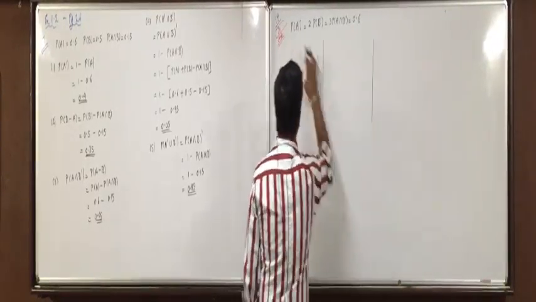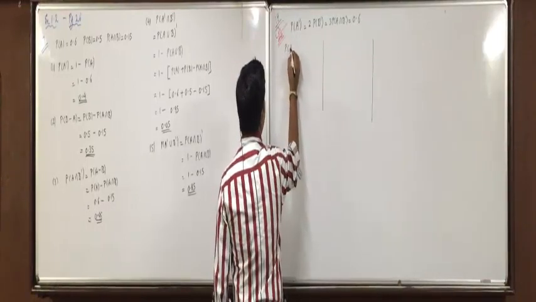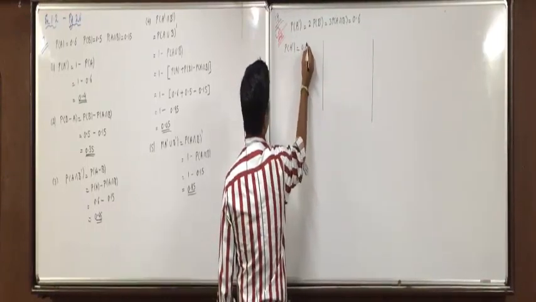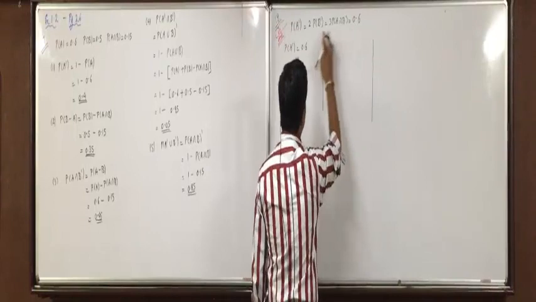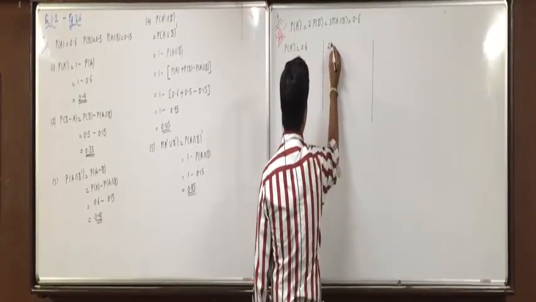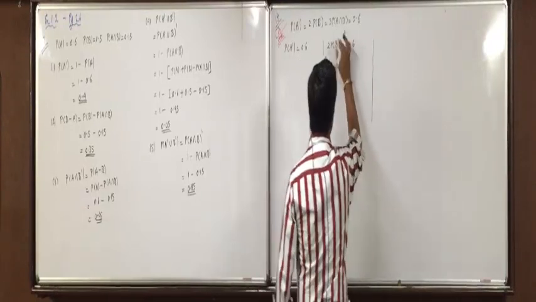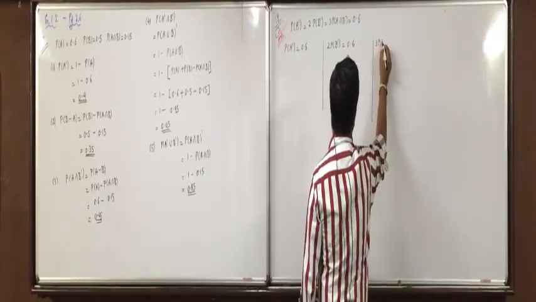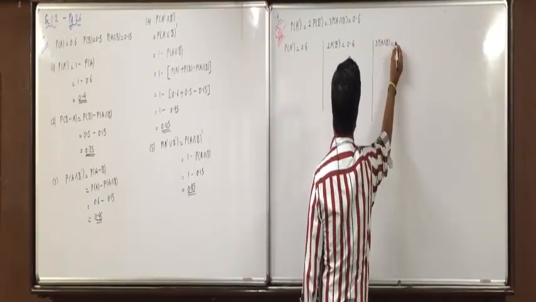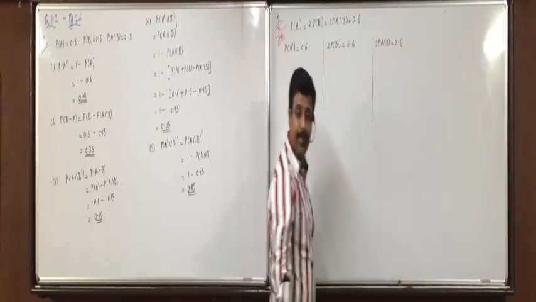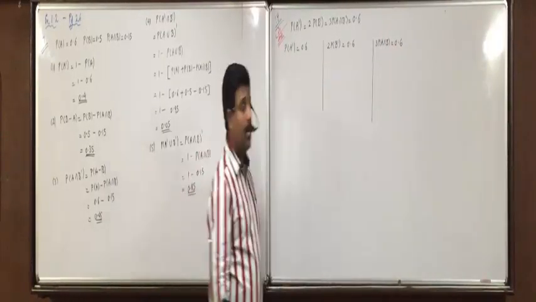So first we write three things from this. P(A') is equal to 0.6. Also 2P(B') is equal to 0.6. Also 3P(A∩B) equals 0.6. Understood that?